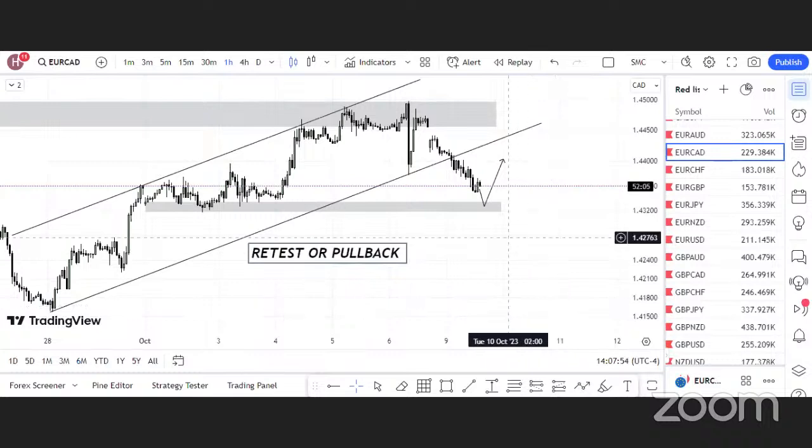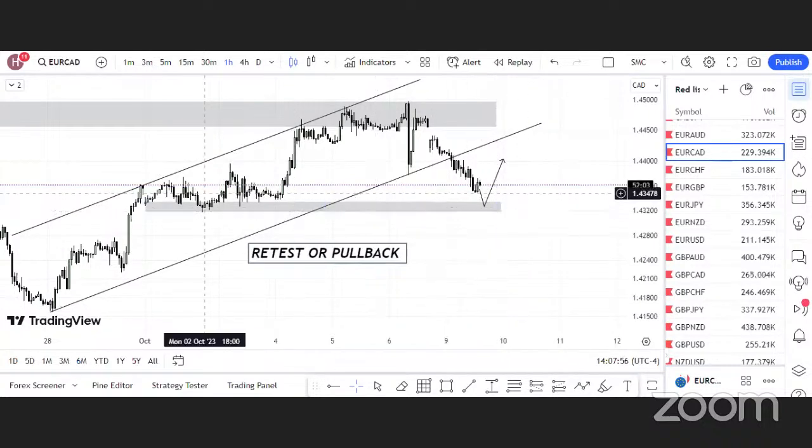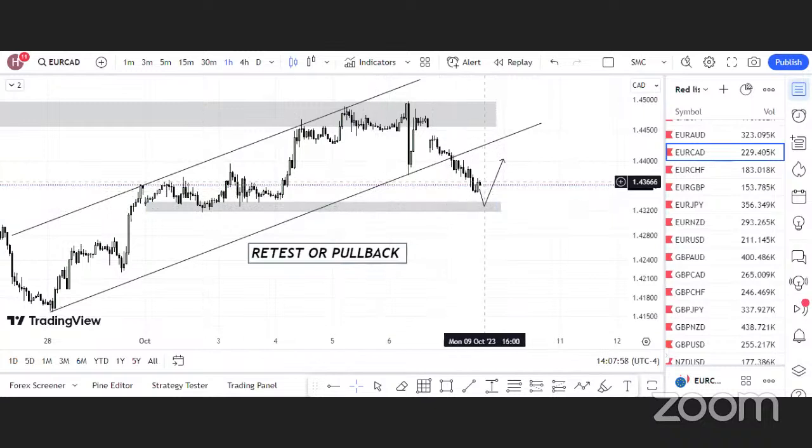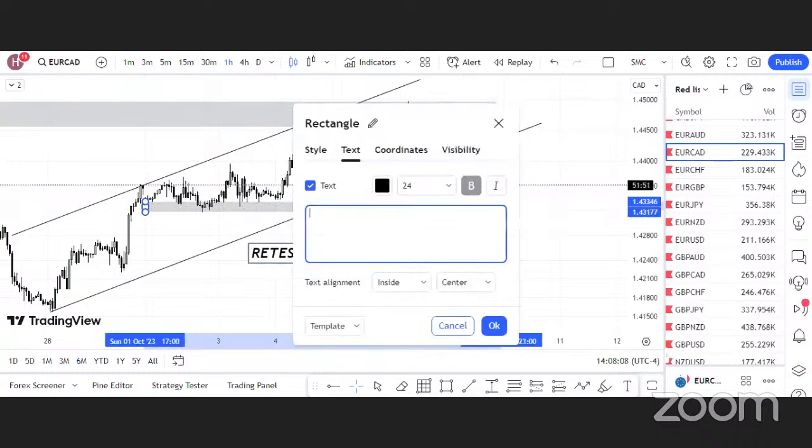So what we want to look out for now is where the market will actually go back to make a retest. There are two opportunities here actually. If this market comes down to this level of demand, this is our new support zone. That is our new support area.